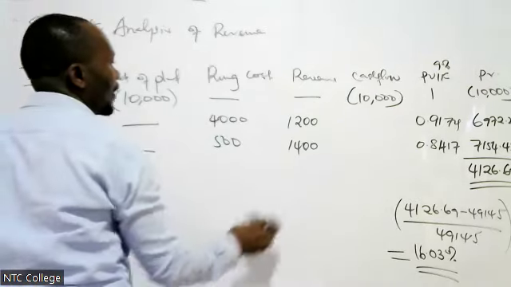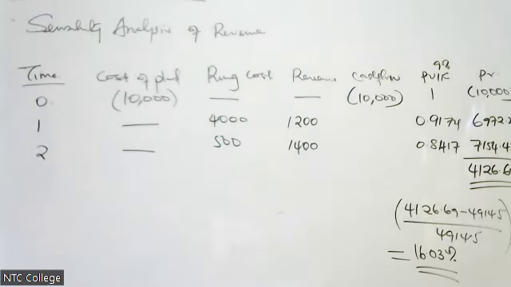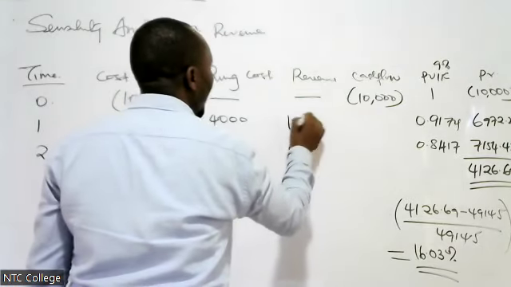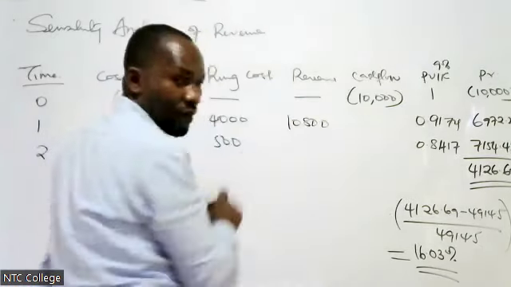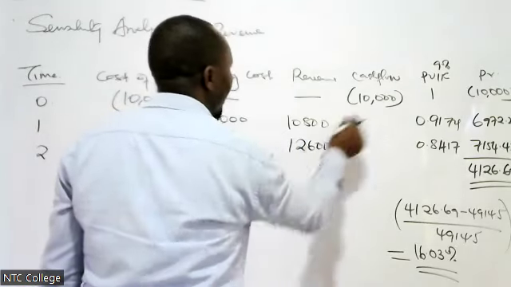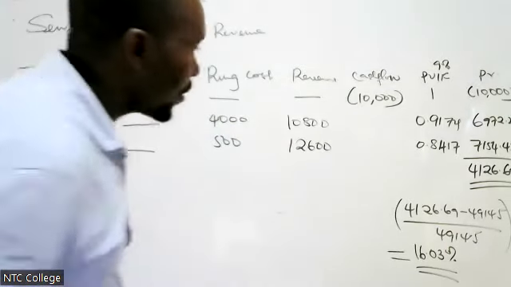If you vary 1,200 adversely, you get 18. Oh, okay. So you get this one, and then the other one comes 12,600. Get me the cash flow.